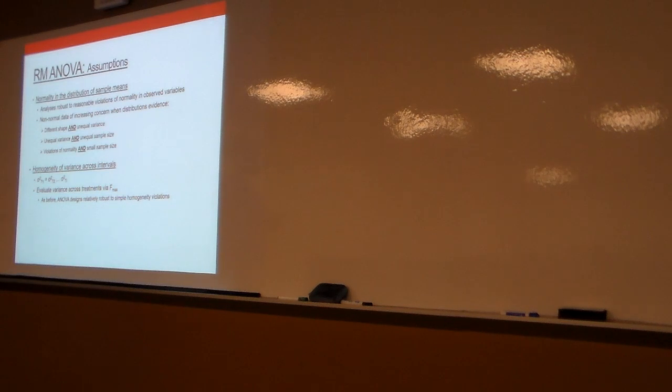If I'm testing something that doesn't have a normal distribution in the population, can I not use ANOVA? Yeah, you still can. So what is the normality distribution for our means-based testing? If I say normality of the distribution of sample means. All possible, the means of all possible samples from the population.